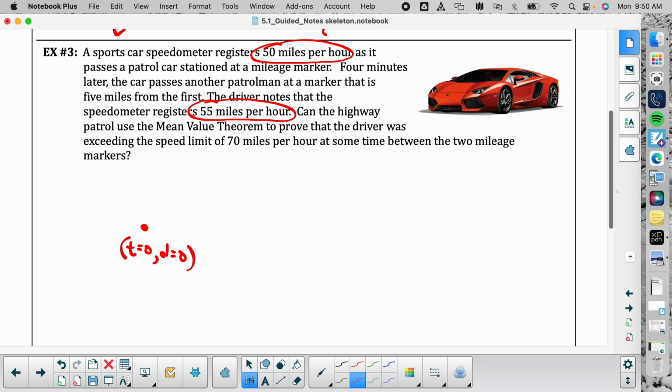So here's the first checkpoint. The second checkpoint, what did they say for time? Didn't they say like 4 minutes? 4 minutes later, which is annoying because it gives us minutes, but still. And the slope is per hour. So we'd have to change minutes into hours, which I believe that's 1/15.